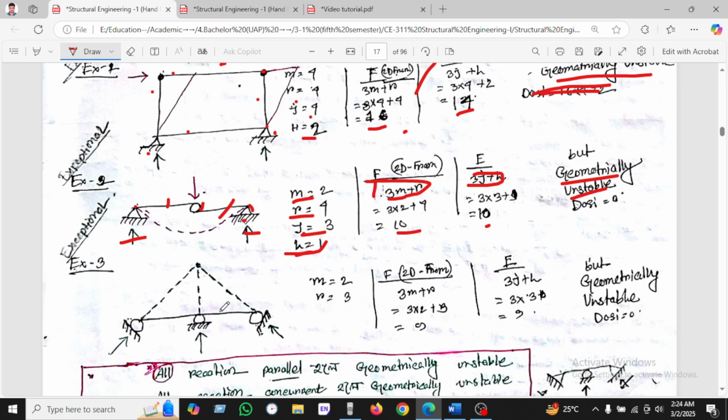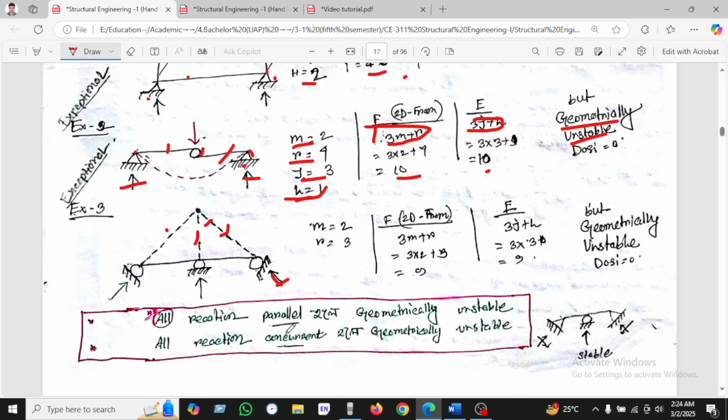Okay, so here is another exceptional case. See, members is 2, and reactions is 3. As we've been seeing, this is not a member. I'm just seeing here that the forces are concurrent, all the reactions are concurrent, then it is geometrically unstable. There are two exceptional things.